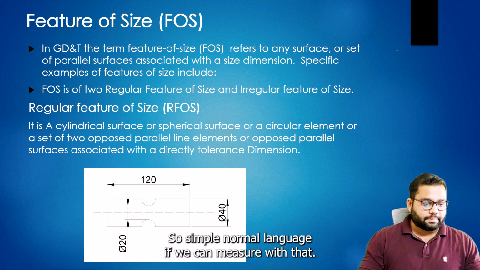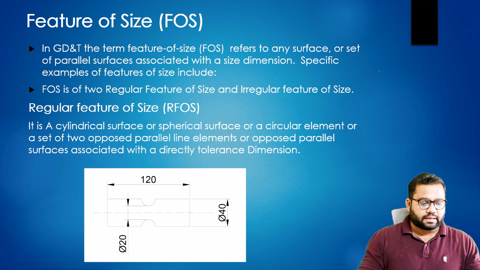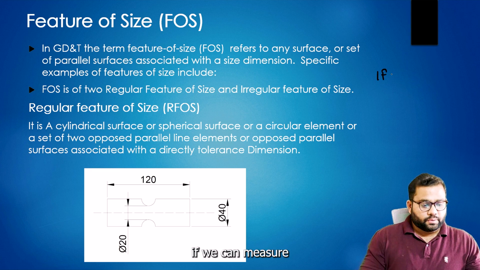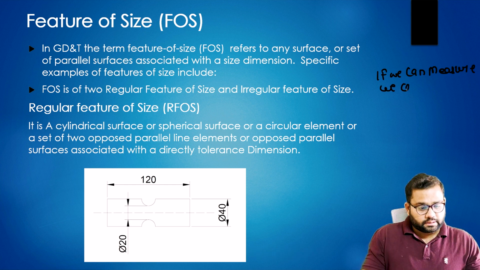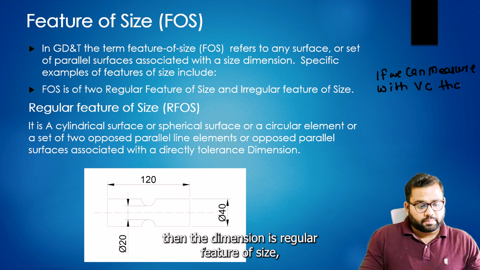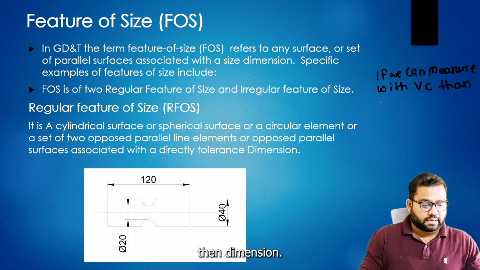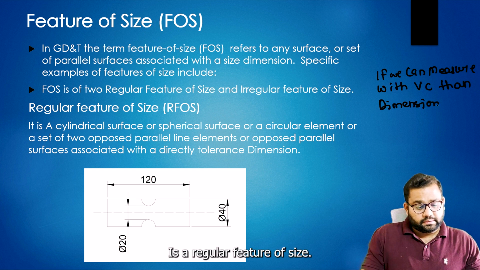So in simple layman language, if we can measure with a vernier caliper, then the dimension is a regular feature of size.